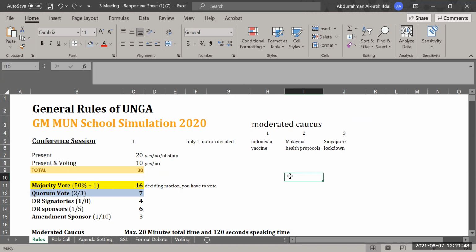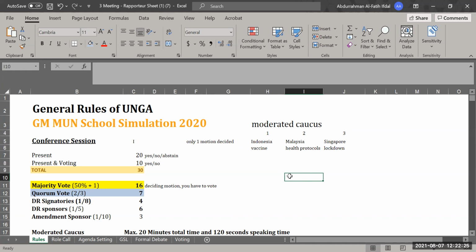So when we have three motions on the floor, and the rule says that only one motion is going to be discussed per session, it means that we cannot accept every single motion proposed by Indonesia, Malaysia, or Singapore, which also means that we have to choose one of the three motions proposed by the countries. So we have to choose either Indonesia or Malaysia or Singapore. Only one out of three. You cannot choose two, you cannot choose three, only one out of three.